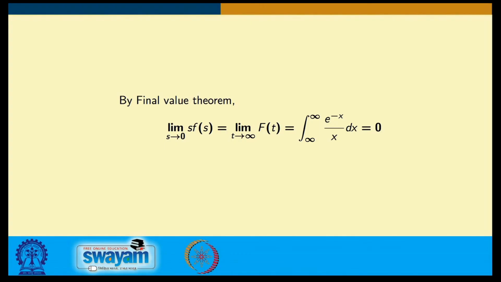Limit s approaches 0 of s F(s) is limit t approaches infinity of f(t), and the value will be 0. So, again the Laplace transform of the given function will be equal to log of s plus 1 by s.